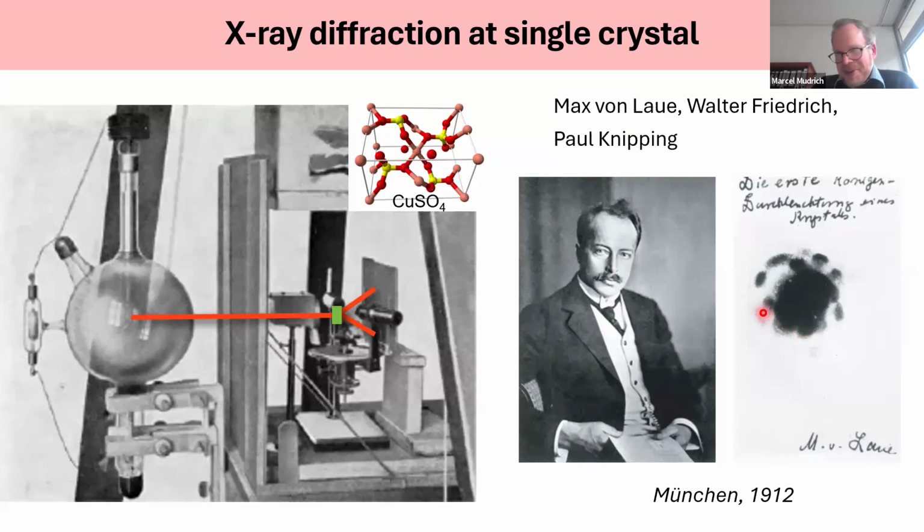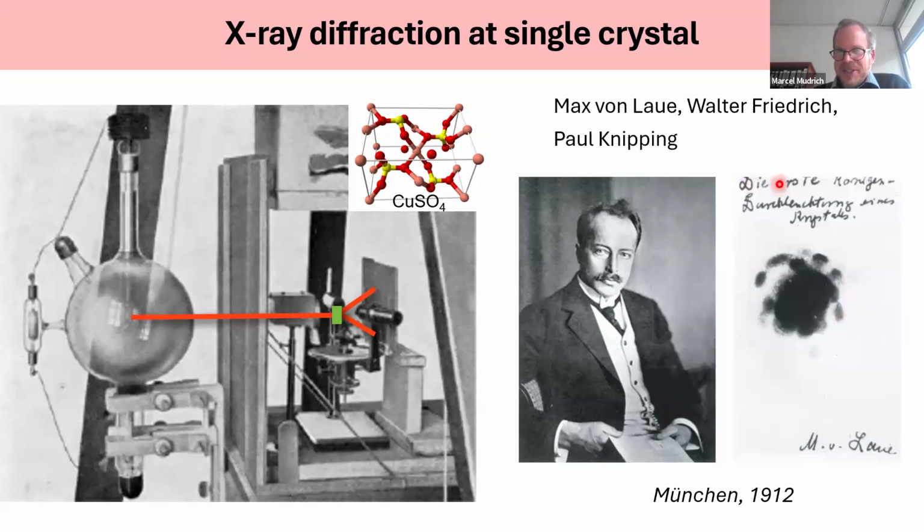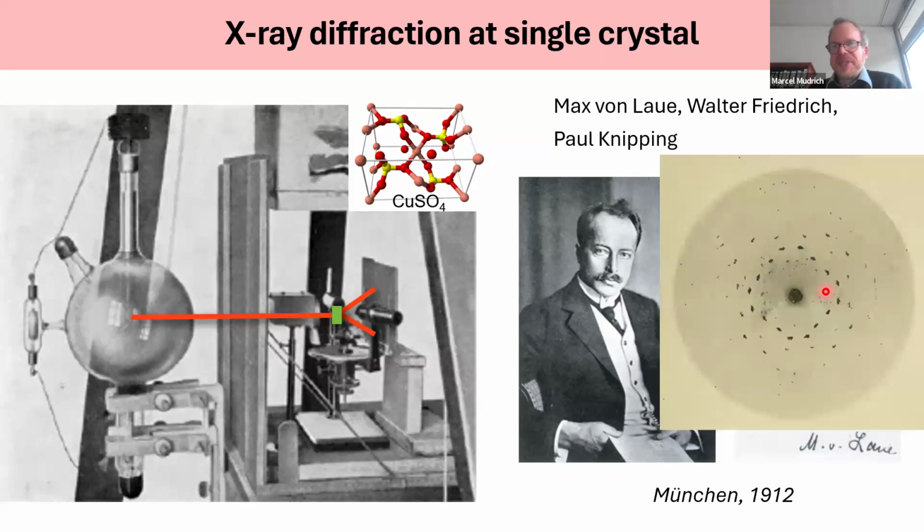Of course, not super nice sharp peaks, but they could barely distinguish individual maxima of the intensity pattern here. Nowadays, of course, it would look more like this. But still, here in German it says the first X-ray transmission spectrum, or the first transmission signal through a crystal, was recorded already so many years ago.